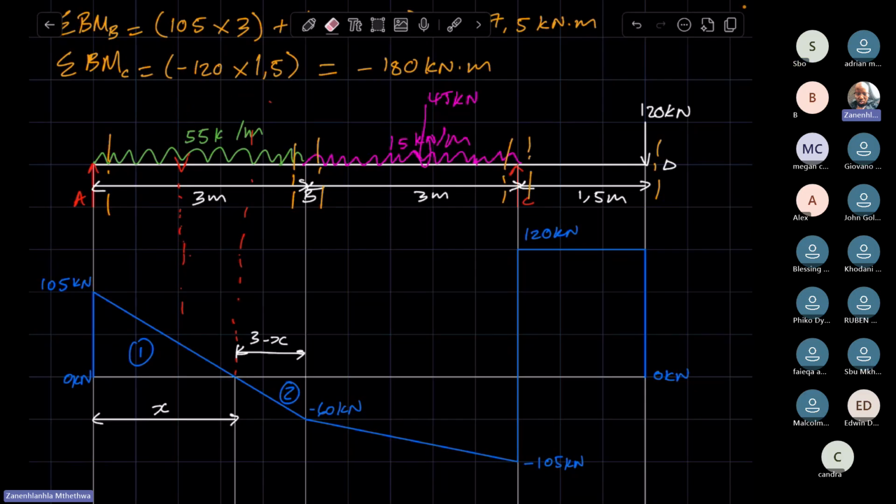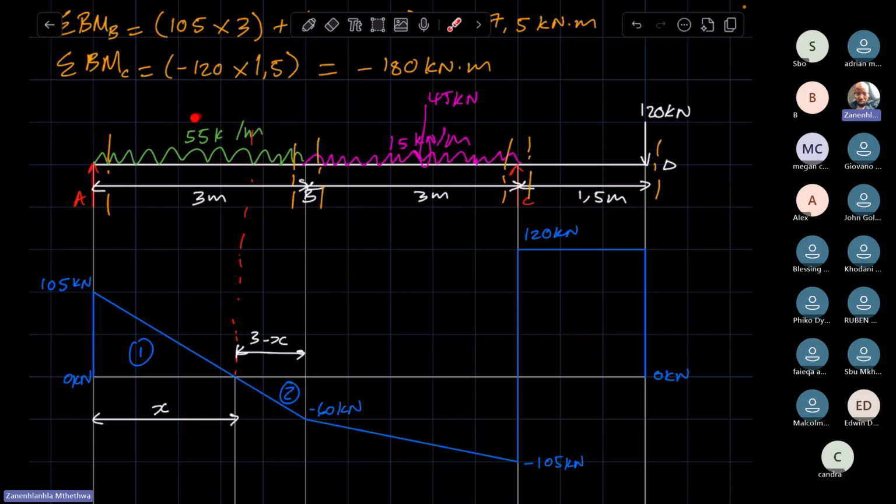Right. Now, remember that if you have a UDL, in order to be able to make use of that UDL, you have to resolve it into its weight. But in resolving it into its weight, you consider the magnitude of the UDL as well as the span of the UDL.